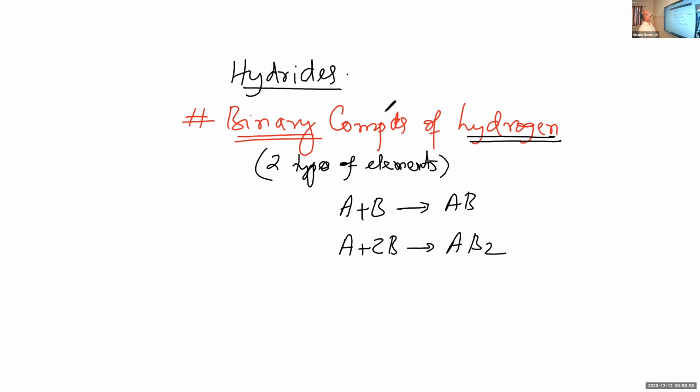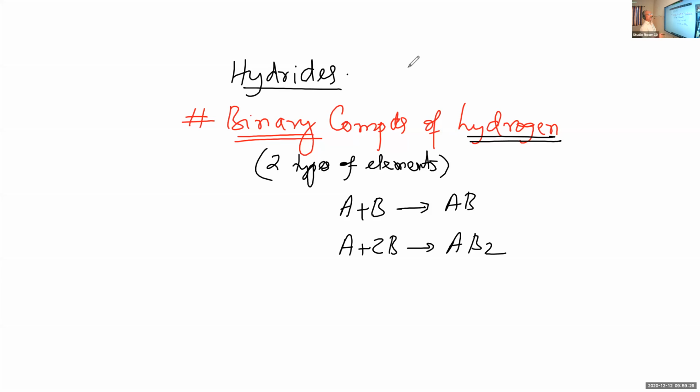Only two types of elements. So a binary compound of hydrogen means one is hydrogen and the other is any element other than hydrogen. So hydrides are binary compounds of hydrogen.